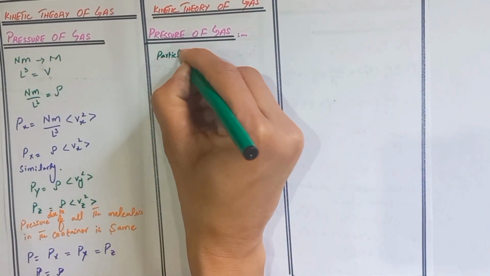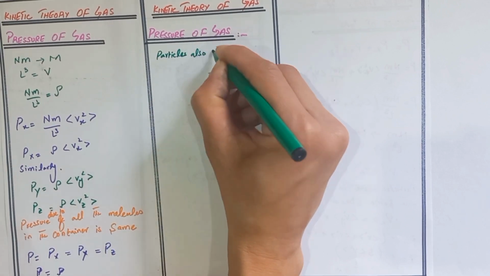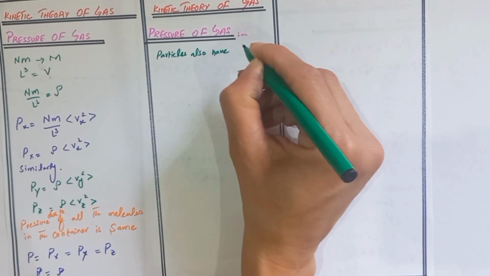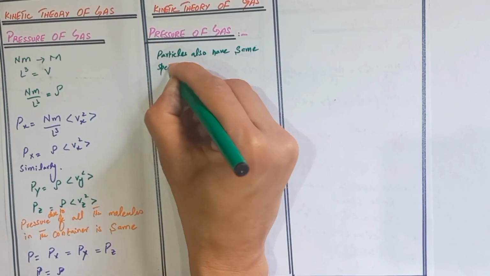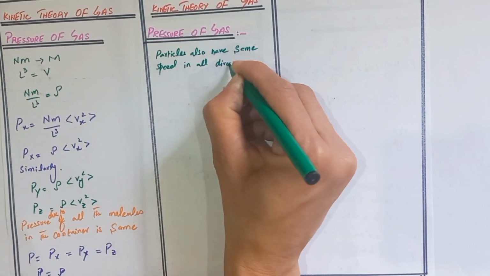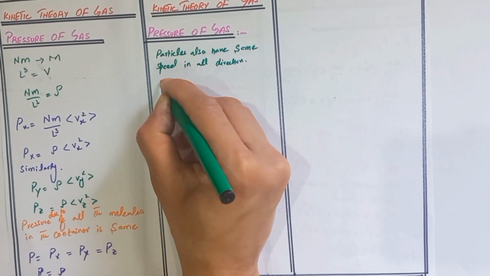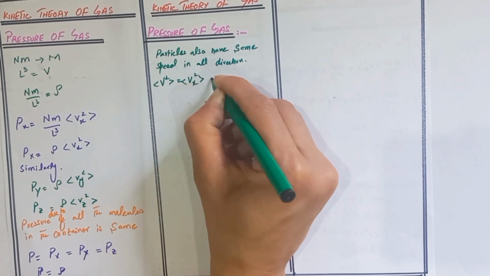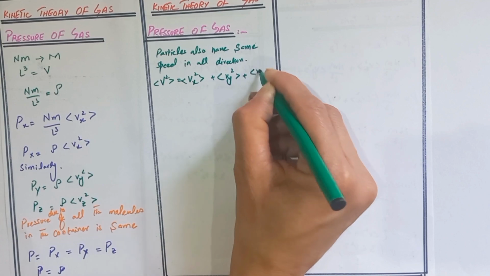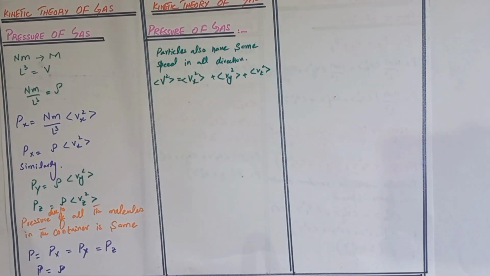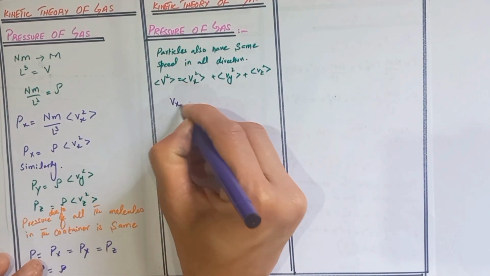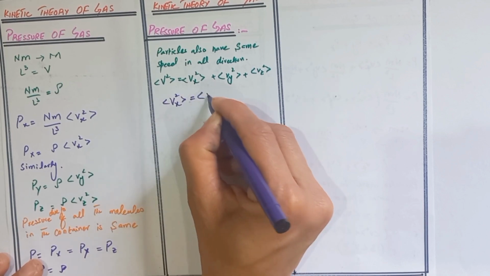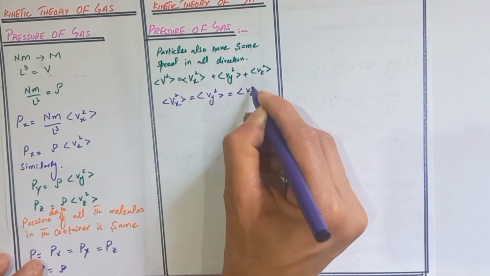Particles also have the same speed in all directions. If we calculate the total speed of all the particles, it is the average of vx² plus the average of vy² plus the average of vz². So the speed in all directions is the same: the average of vx² is equal to the average of vy² and the average of vz². All of the speeds are equal.